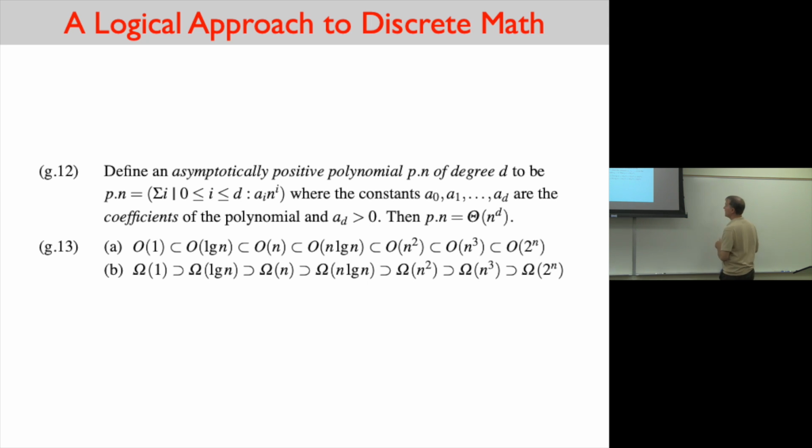But in the case where we have a polynomial function, check what this is. Define an asymptotically positive polynomial p(n) of degree d to be p(n) equals the sum over i, 0 less than or equal to i less than or equal to d, of a sub i times n to the i.